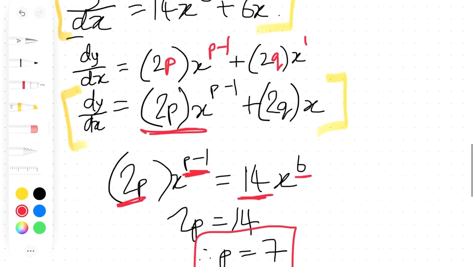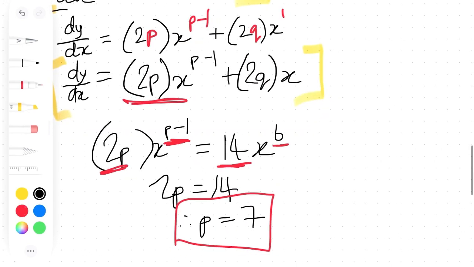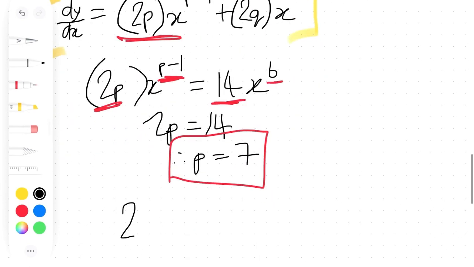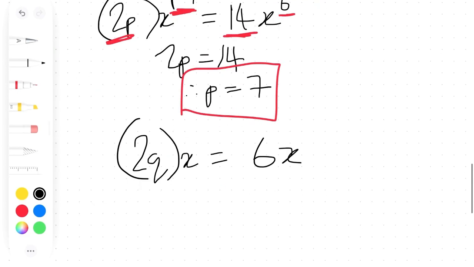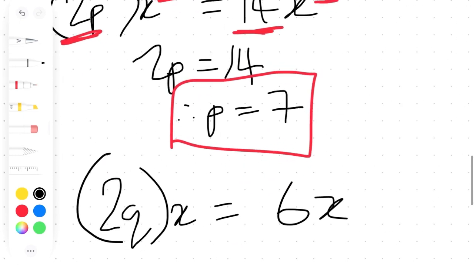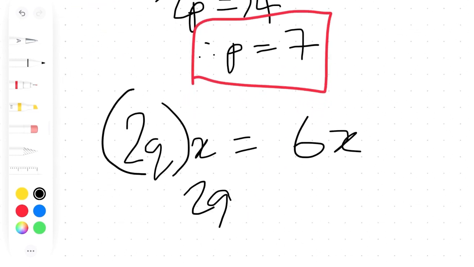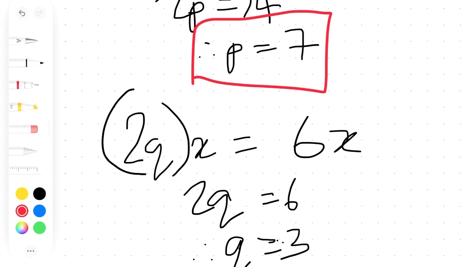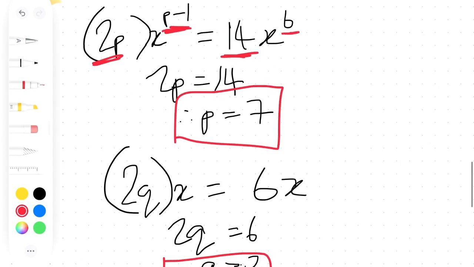And for the second term, we have 2q times x is equal to 6x. So dividing both sides by x, we get 2q is equal to 6, and therefore q is equal to 3. And that would be our solution for q.